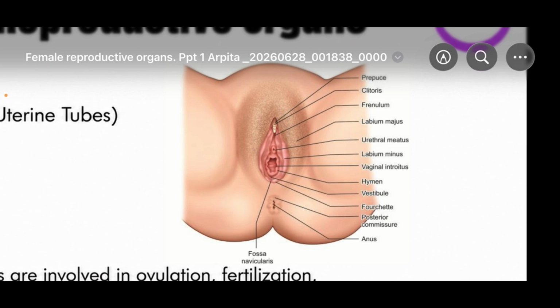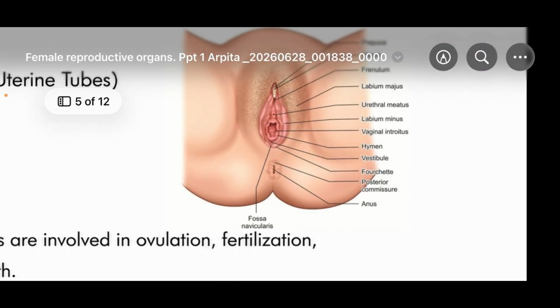Then there is the hymen, vestibule, and lower to the vestibule there is the fourchette, the lower end. Upper one is the prepuce, lower end is the fourchette. Then posterior commissure, and then the lower hole is the anus.